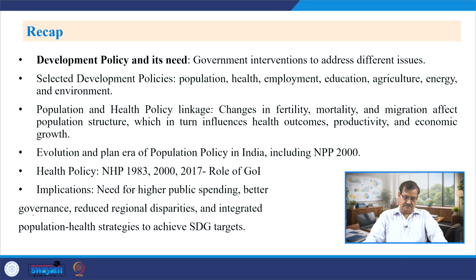In population policies, we discuss how the fertility, mortality, and migration affect the structure, size, and composition of population, and how these changes affect the economic outcomes, health outcomes, productivity, and economic growth. And we also discuss evolution and plan era of population policy in India, including National Population Policy 2000.